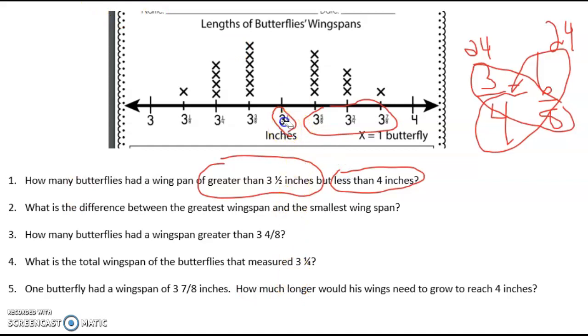I'm letting you look at the line plot before I just give you the answer. Greater than 3.5, less than 4. So we need numbers that are to the right of the 3.5 and left of the 4. That would be these. Greater than 3.5, less than 4. How many butterflies? Count them.